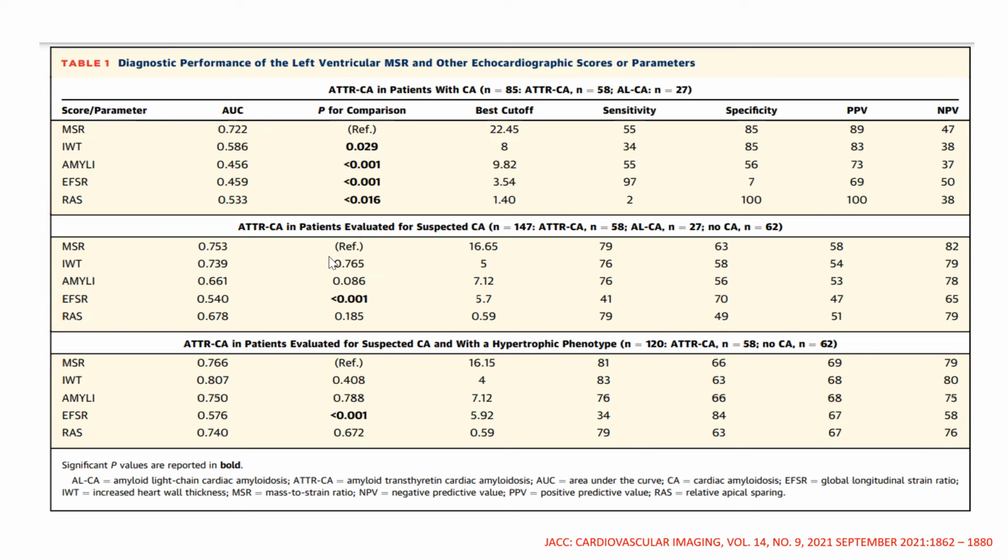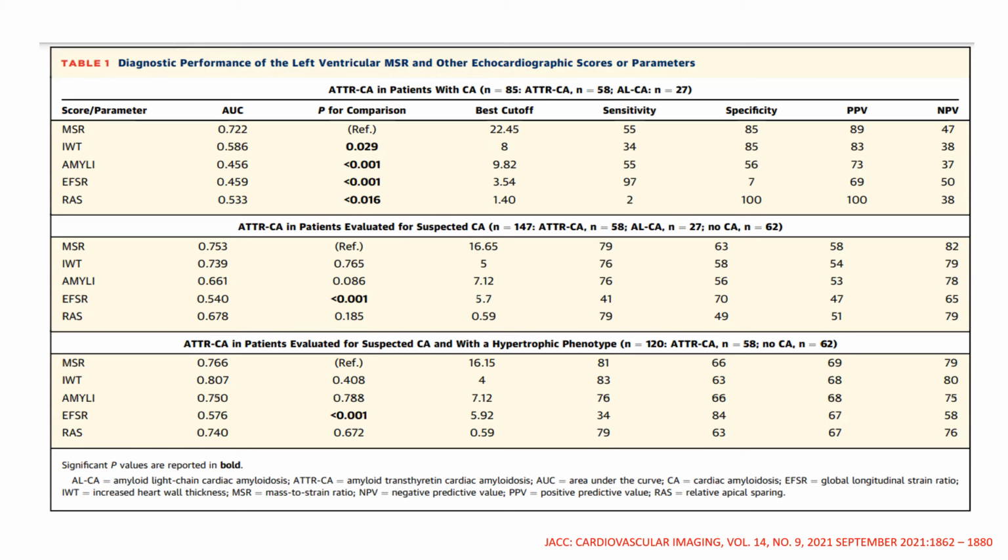Next, how to diagnose ATTR in a patient with suspected cardiomyopathy. You have a patient with suspected cardiomyopathy, and you want to know if this is ATTR cardiomyopathy or not. The best scores are MSR and the inferior thickness score, and these scores give us a good sensitivity and moderate specificity for diagnosis.